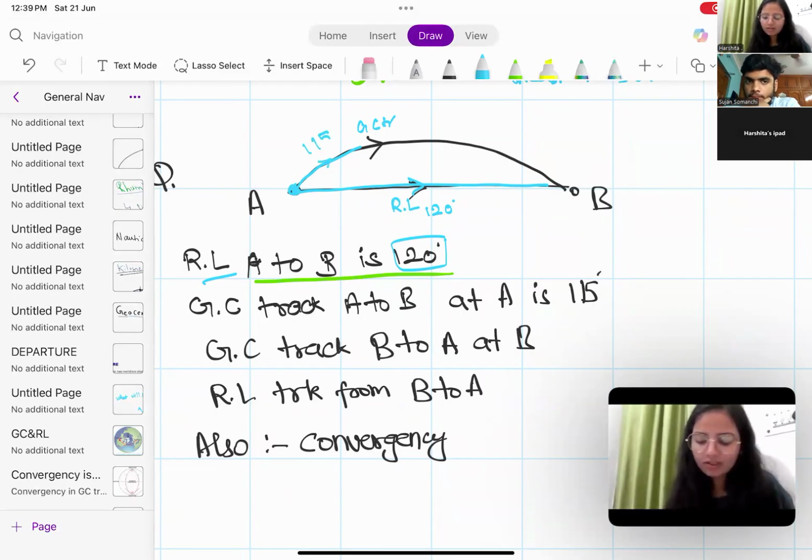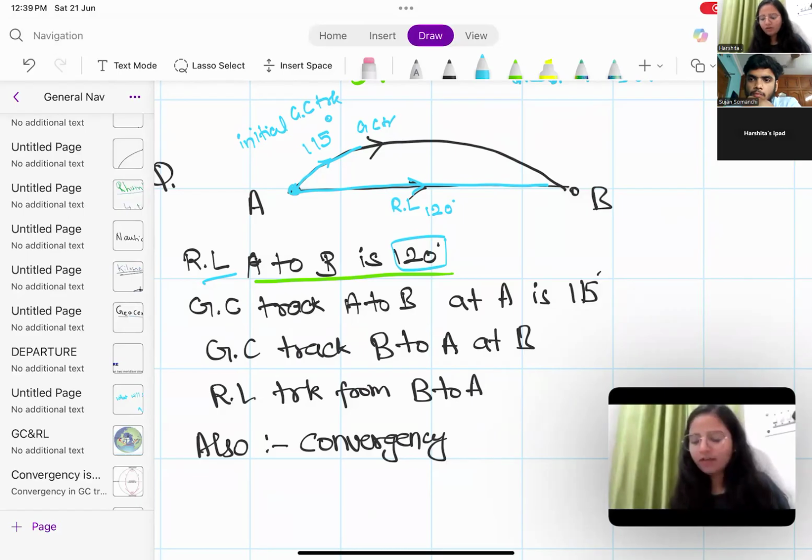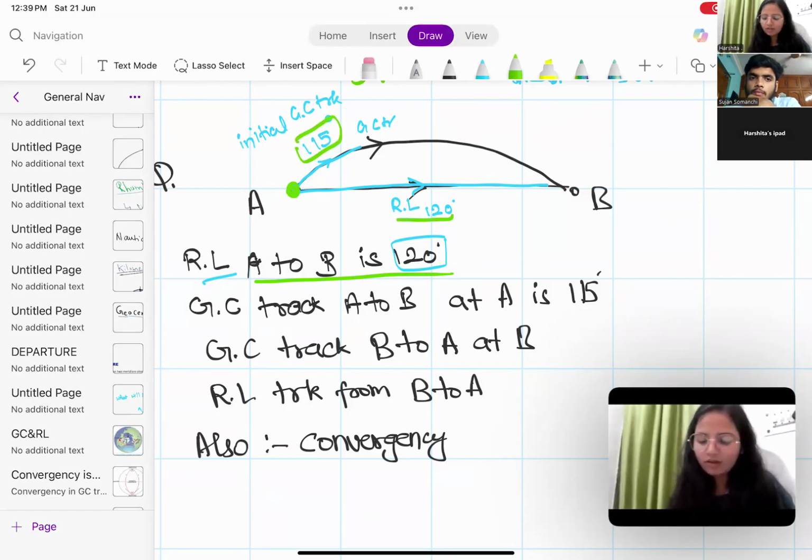So he is saying the initial great circle track, because you started from A. Initial great circle track from A to B, when you are looking from A, is given as 115 degree. This angle is 115 degree. This angle is 120 degrees. This much is given.